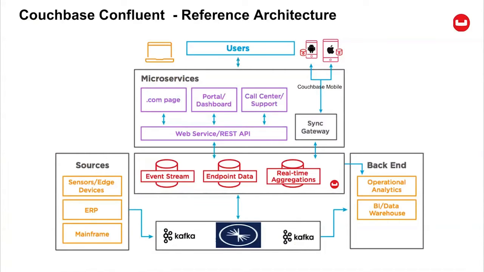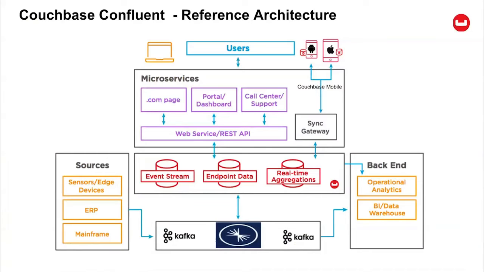That's actually exposed to Kafka. And at the bottom layer here, we have Confluent, which is the enterprise Kafka platform, which will take mutations from Couchbase and populate backend systems that BI analytics type users might need.